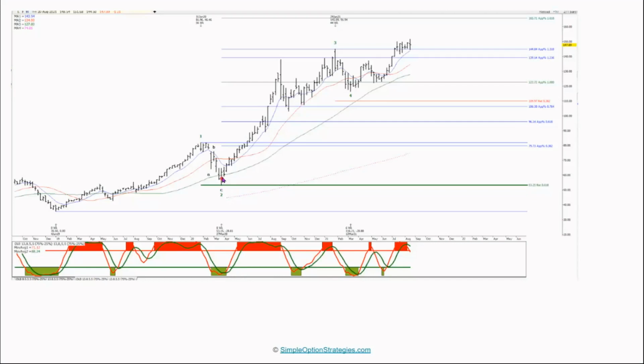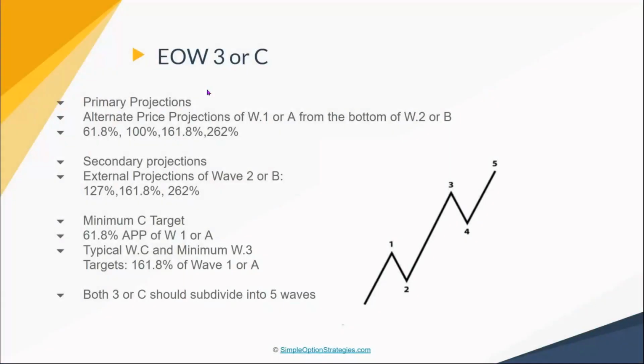And if you could have gotten in here with a trigger, let's say you even got in up here, you could have got in down here, and look where wave 3 ended. That's a pretty nice little chunk of change for you right there. So let's look at wave 3s and how we project the end of wave 3s. Okay, now don't everybody leave and run away from me, because it gets a little bit more complicated on wave 3s here.